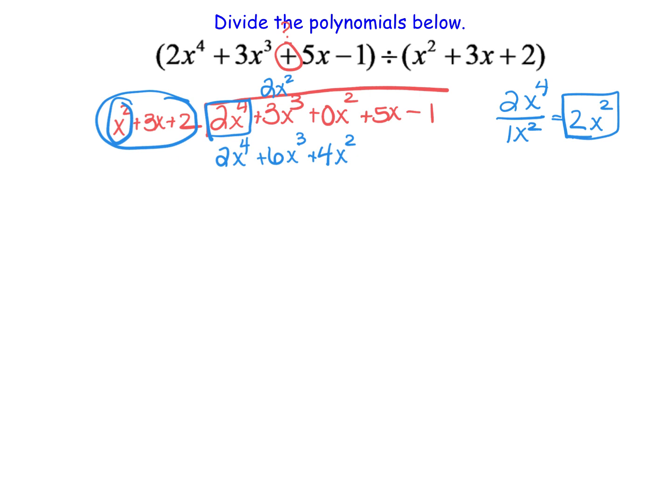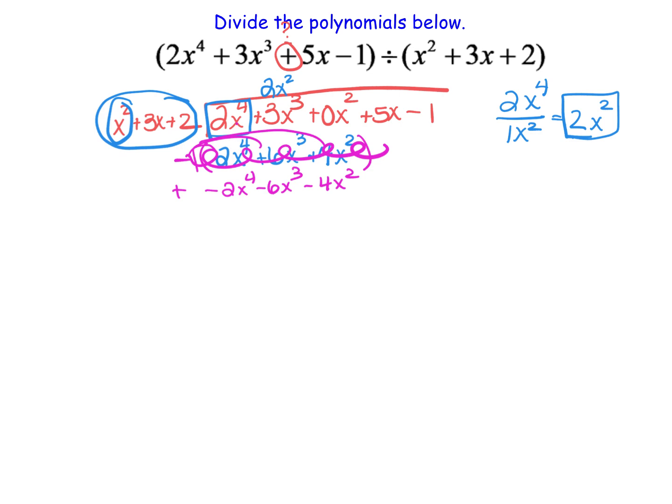So we can see that we have three terms here that we need to focus on subtracting with. So we're going to subtract this term. Now, as I said before, that subtraction can get tricky, so I like to distribute that negative 1 out and add. So this would be negative 2x to the fourth minus 6x cubed minus 4x squared, and then I can add straight down.